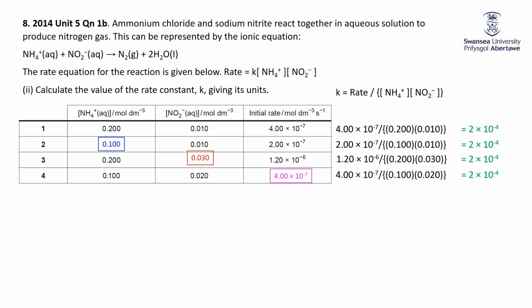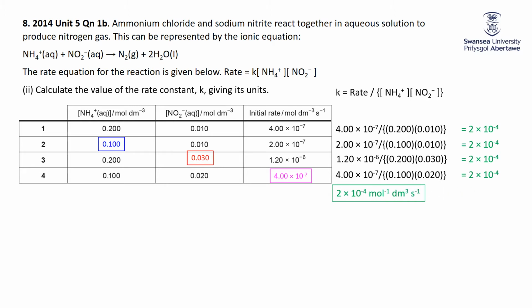Always do it for as many sets of experiments as you can, because k should be the same for all of them, and it's a great double check that you did the earlier calculations correctly. What we find here is k, as we were hoping and expecting, is the same in all. Thus k is 2 times 10 to the minus 4.